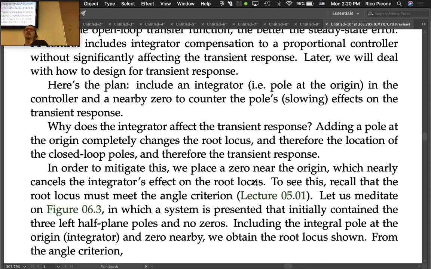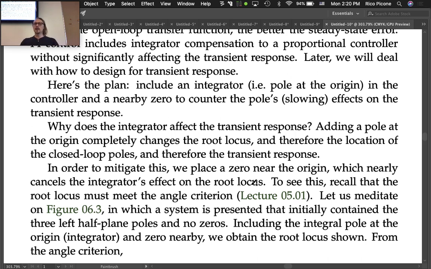If you put another pole or zero on the real axis, which an integrator at the origin is, you're going to change the entire real axis root locus, at least in the left half plane, and that's going to affect the entirety of the root locus. So you've got certainly a lot of changes that come in when you put an integrator in there.